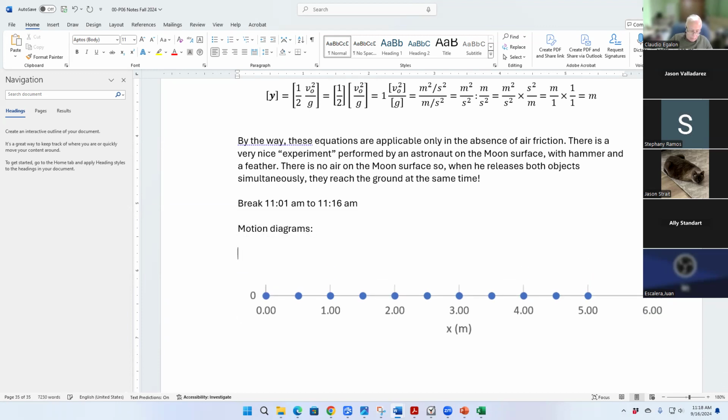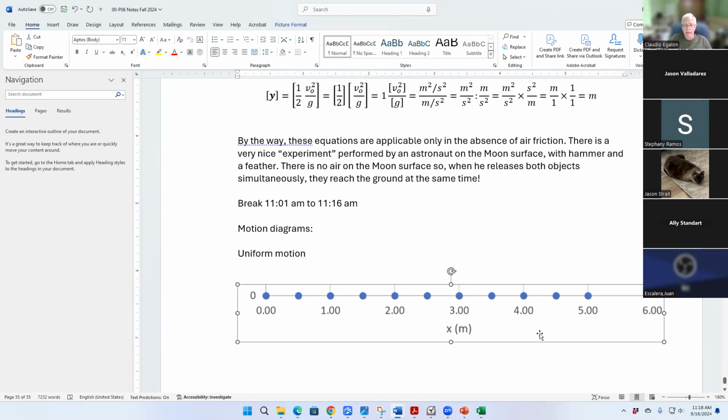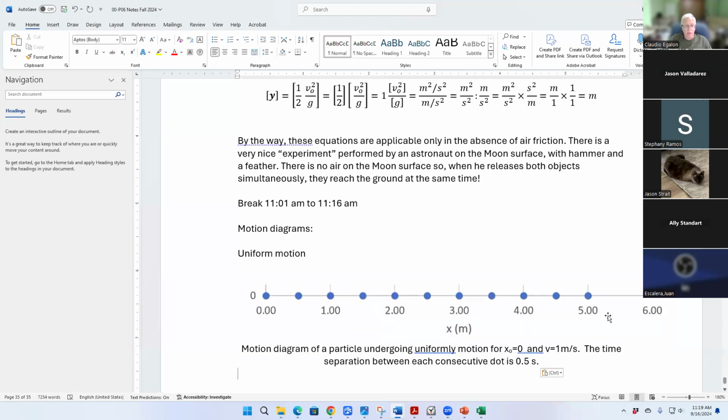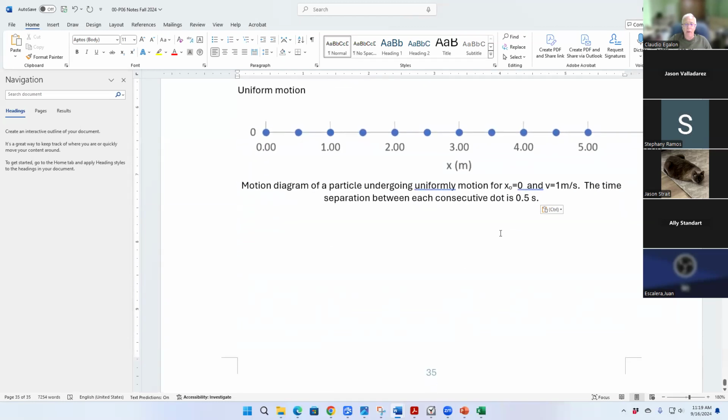You can see that the spacings are exactly the same. You can do something like that in Excel, like I mentioned. And here you go, a description of this motion diagram of a particle undergoing uniform motion for x not equal to 0 and v equal to 1 meter per second. The time separation between each consecutive dot is half a second.